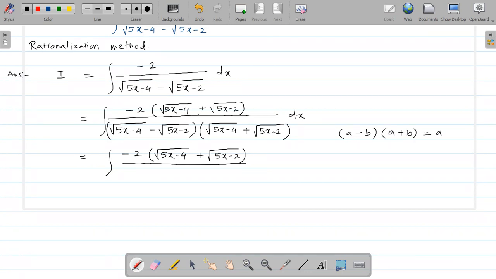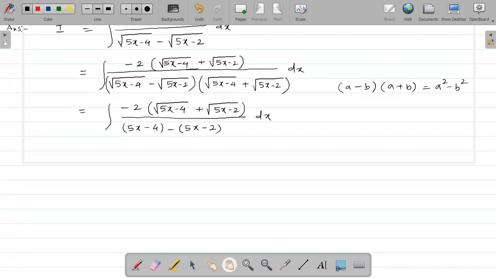That gives a square minus b square. By this algebraic rule, we can write a square minus b square. So we get 5x minus 4 minus 5x minus 2. If you see this algebraic rule carefully, the roots will get cancelled.